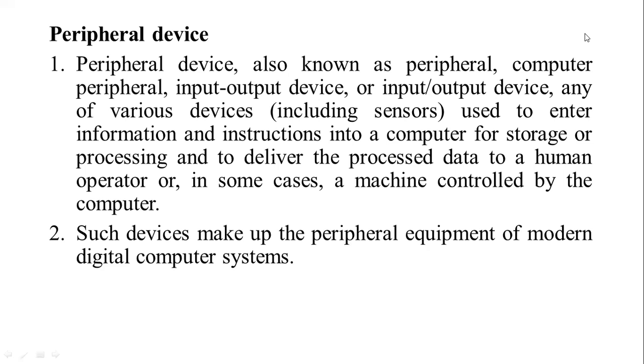Here, peripheral devices, again known as peripherals. Peripheral means something which assists you. A peripheral can be of a system, or accessories of your car. In the same way, a device which assists or helps some bigger device or bigger unit to work is called a peripheral. It can be a computer peripheral, it can be a peripheral for another device as well.